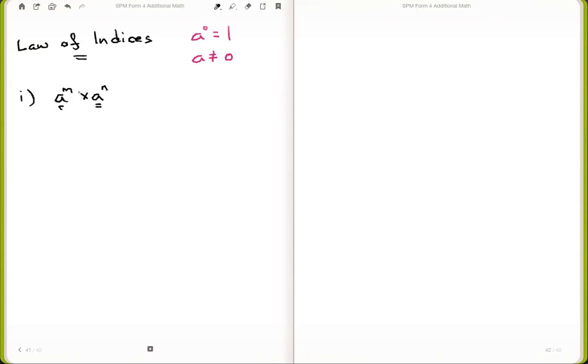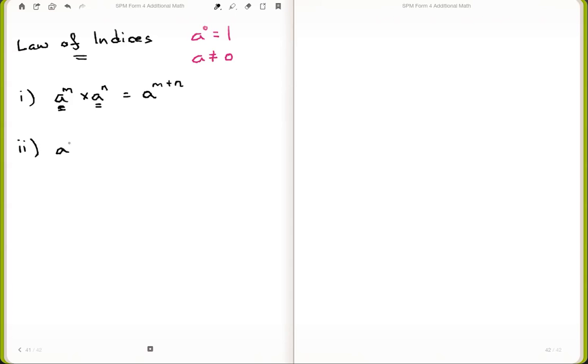You perform the multiplication operation, and therefore it equals a power m plus n. Simple. Let me highlight all the operators before we go to the exercise later.